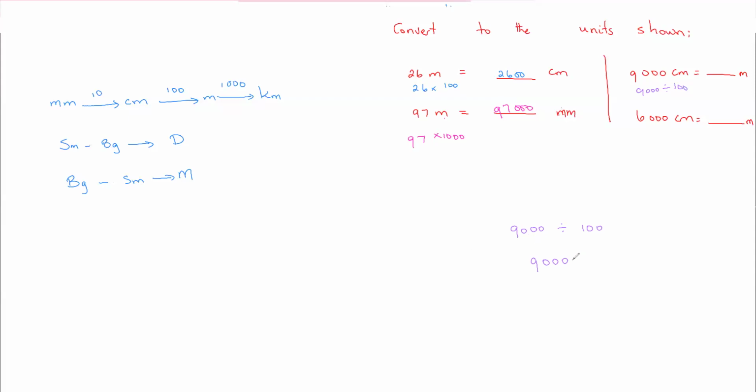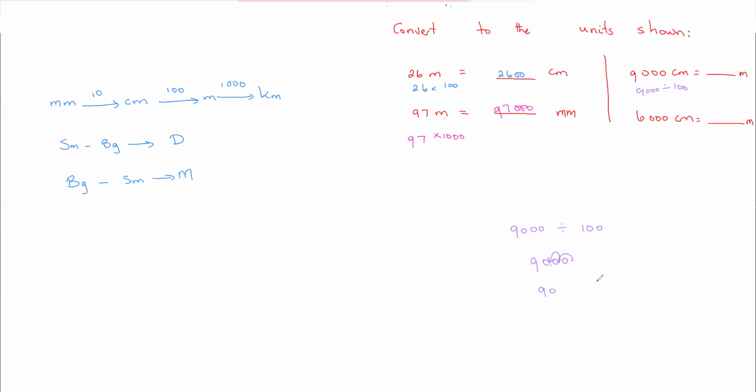There's no decimal point in 9,000, but in a whole number, we understand that it's after the last digit. So we're going to move 2 places left. So 1, 2. Where you land, you put your point.